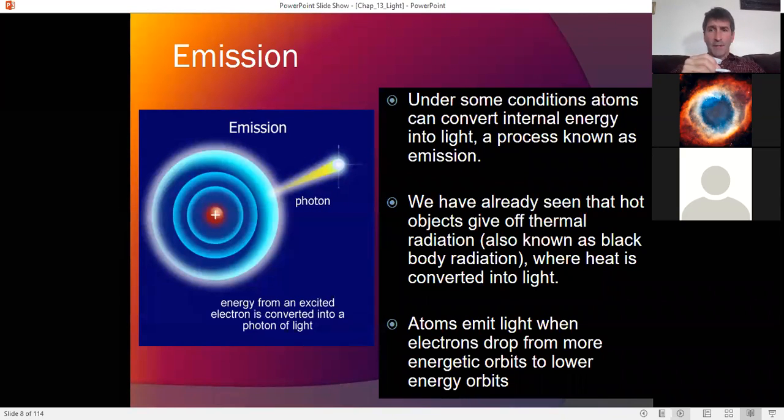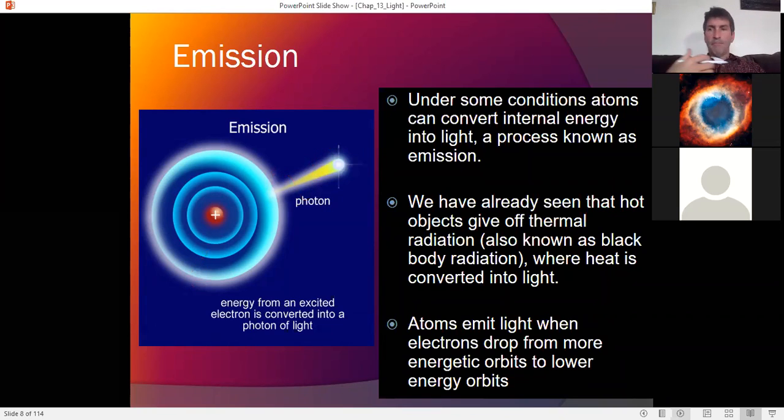The atoms in the LEDs are semiconductors. We put electricity into the LEDs, and that gives the atoms energy, causing the electrons to jump up to a higher energy level. Once they're up there, they like to drop down to the ground state, and they give off some of that energy as a photon.